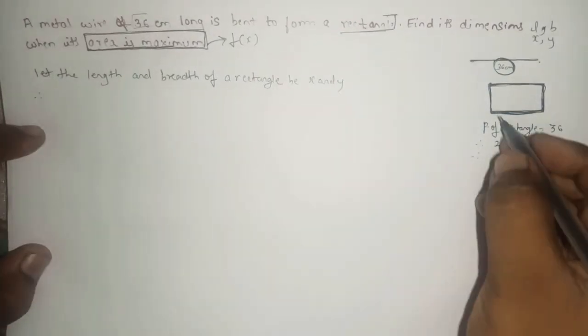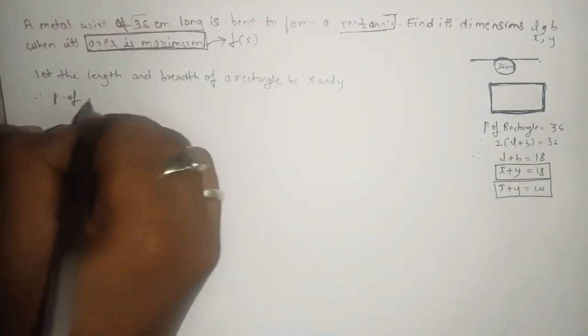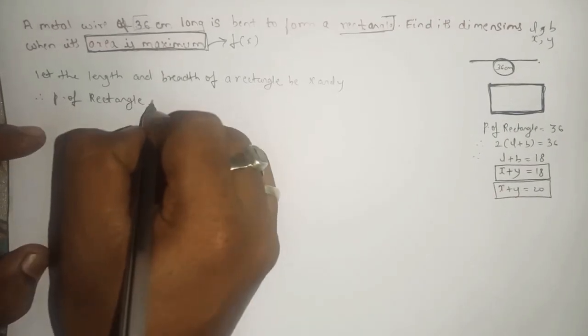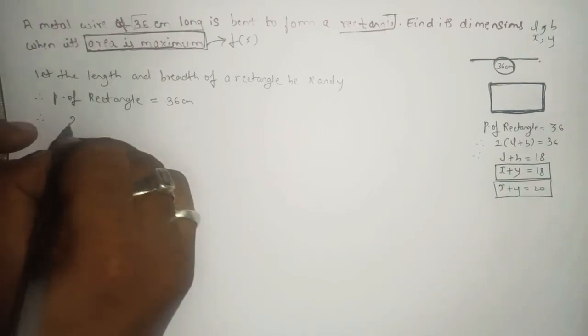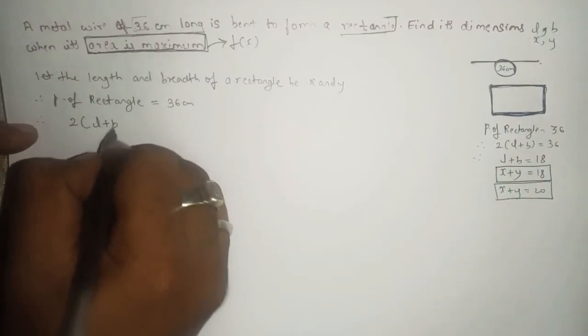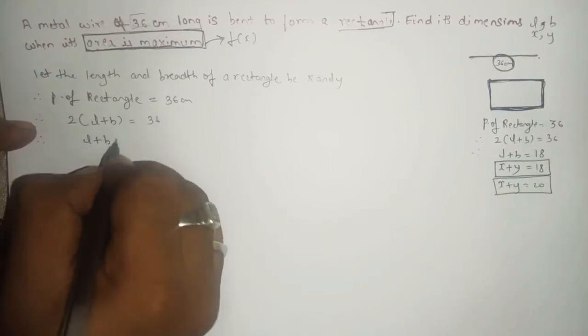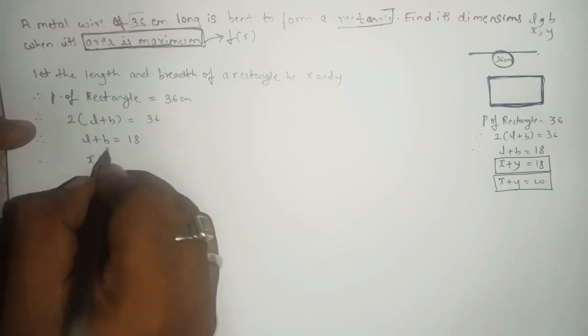After that we know that this sentence is actually the perimeter of a rectangle. Perimeter of rectangle was 36 centimeter, yes or no? So the perimeter of rectangle formula is 2 times (length plus breadth) equals 36. Therefore L plus B equals 36 upon 2, it is 18. For length we took x and for breadth we took y.